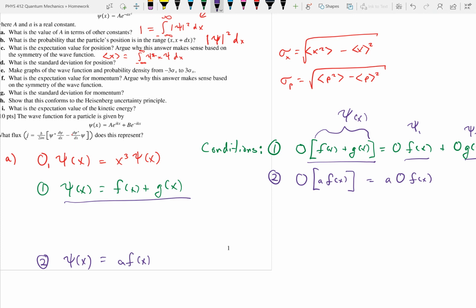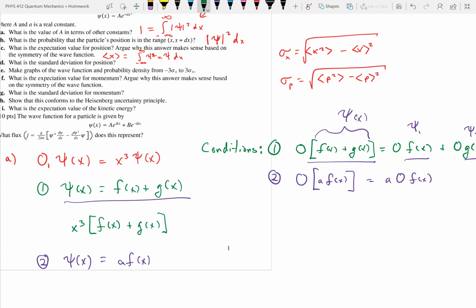x cubed times this entire psi of f of x plus g of x. So I did not change what was in the bracket. But in essence, it's psi of x. Yes. It was psi of x before and psi of x after. And then we have x cubed out front as the eigenvalue.